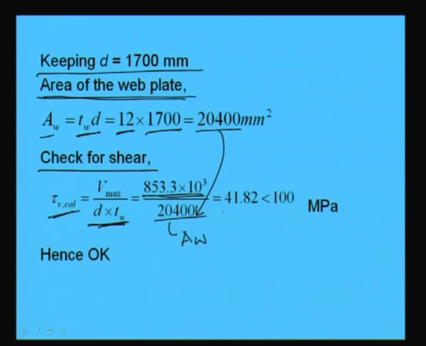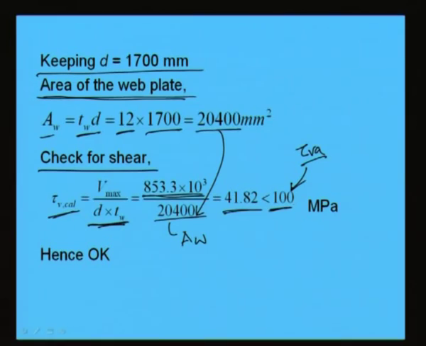So, this is becoming 41.82, and tau v allowable is 100 for fy 250 for this case, right.